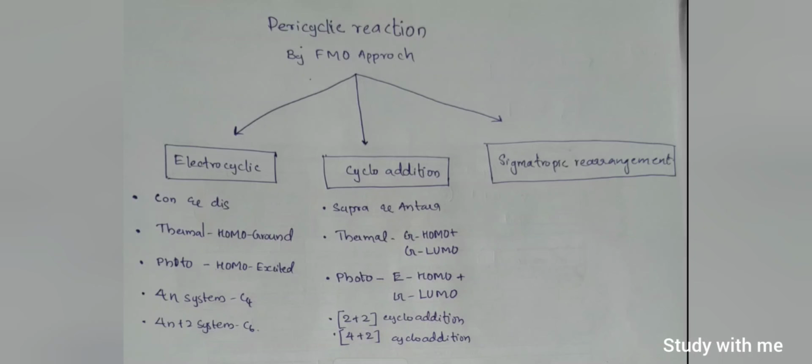The cycloaddition reactions have suprafacial and antarafacial addition reactions, and we came to know that in thermal condition we will consider the ground state HOMO plus ground state LUMO of the molecules, and in the photochemical addition condition we will take the excited state HOMO of one molecule and the ground state LUMO of the other molecule. And we have 2+2 cycloaddition and 4+2 cycloaddition in the cycloaddition reactions. So I hope you have gotten an idea about the cycloaddition reactions.